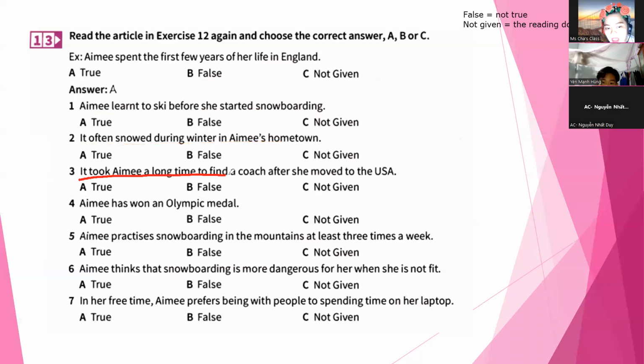It took Amy a long time to find a coach. Amy has won an Olympic medal. Amy practices snowboarding in the mountains at least 3 times a week. Amy thinks that snowboarding is more dangerous for her when she is not fit. In her free time, Amy prefers being with people to spending time on her laptop. So these are the ideas that you need to confirm.